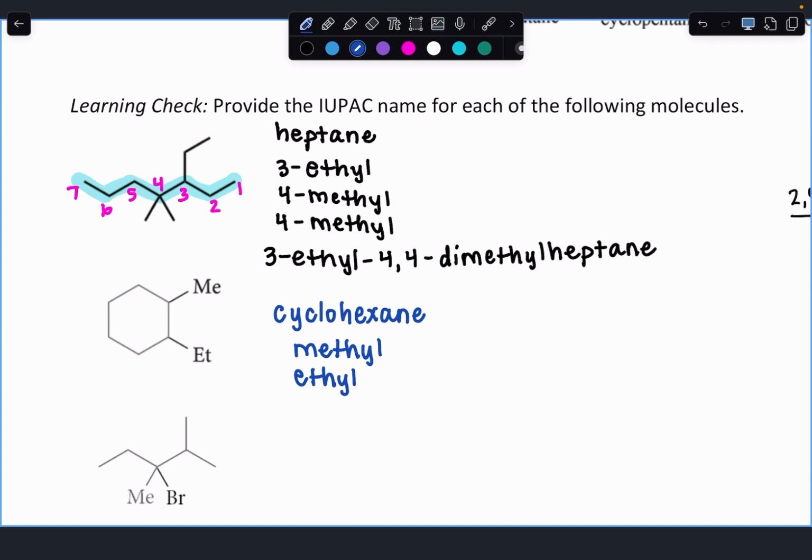So now we should get ethyl carbon 1 and methyl carbon 2. That's the only change. We're still having a number 1 and a number 2. So to pick number 1, we go with first alphabetical. So we'll have 1, 2, 3, 4, 5, and 6. So 1-ethyl, 2-methyl.